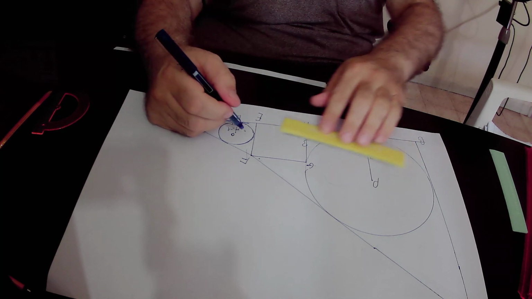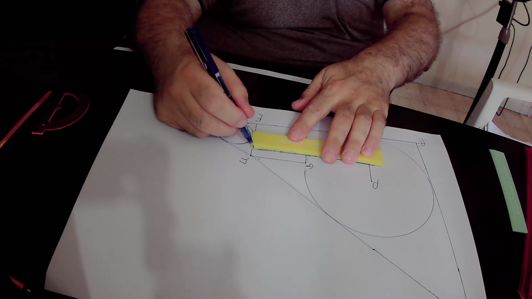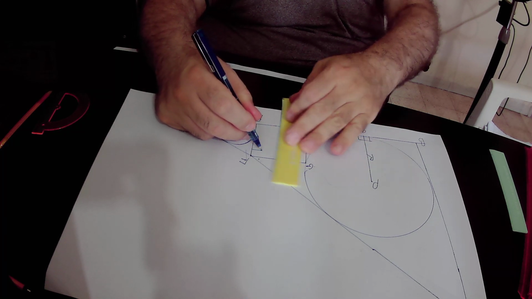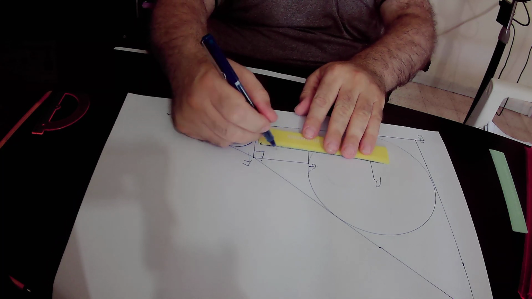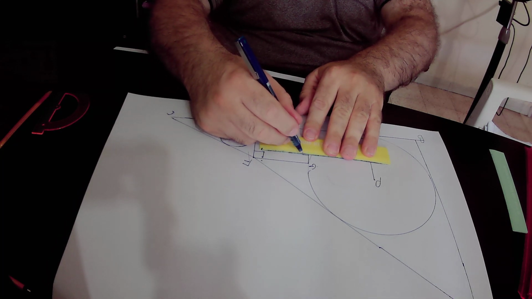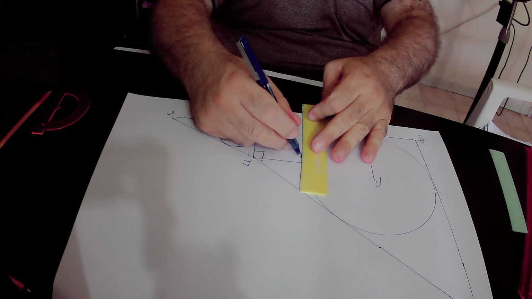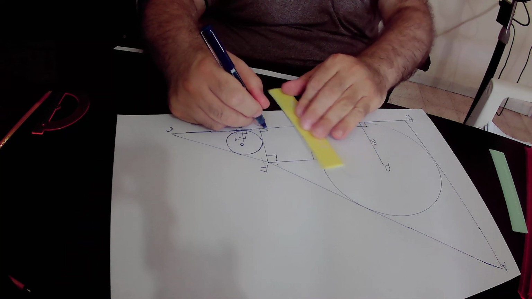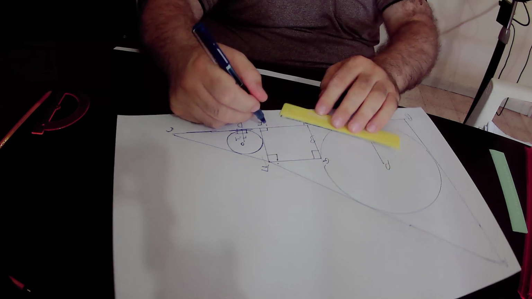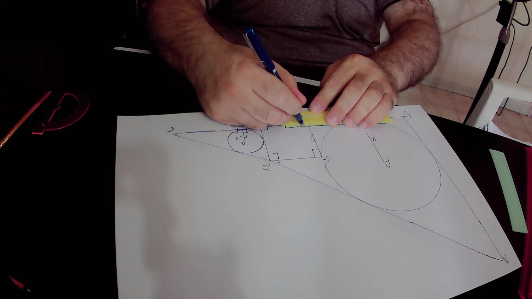You know that all the angles inside the square are right angles, so this angle equals 90 degrees. This angle also equals 90 degrees. This angle equals 90 degrees, and this angle also equals 90 degrees.